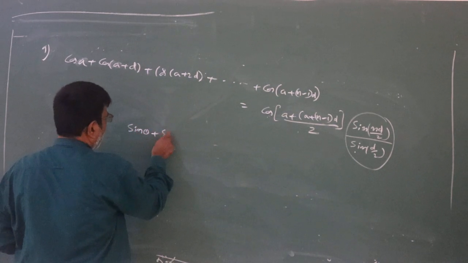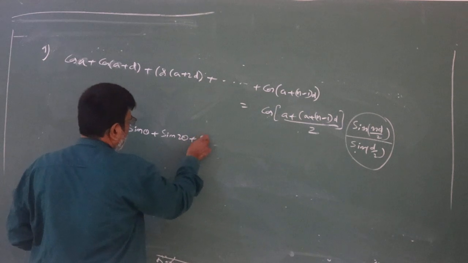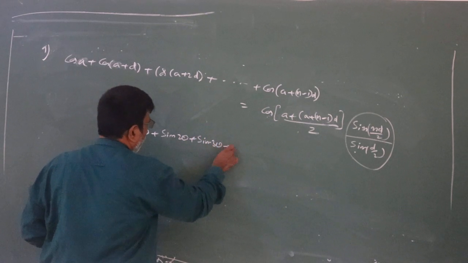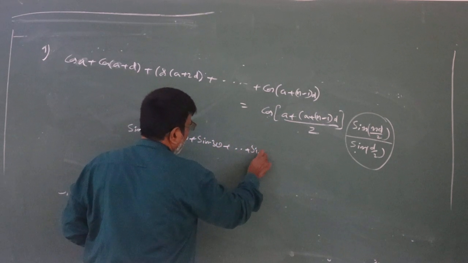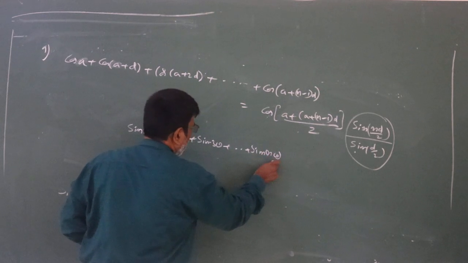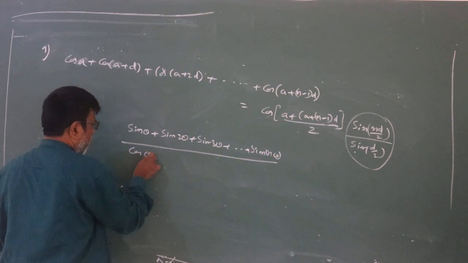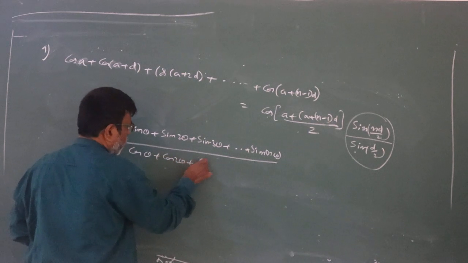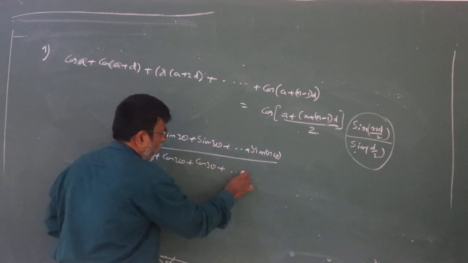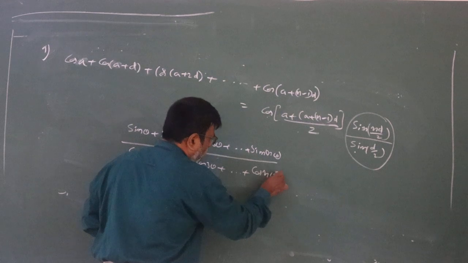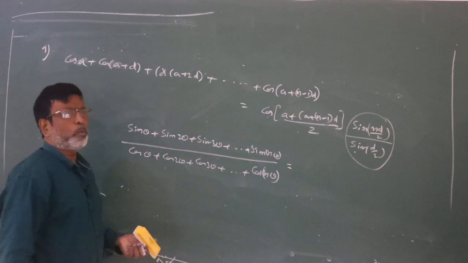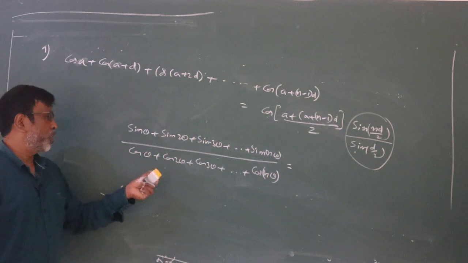The question is: sine theta plus sine 2 theta plus sine 3 theta and so on up to sine n theta, divided by cos theta plus cos 2 theta plus cos 3 theta and so on up to cos n theta. Previously this kind of question was given in CET or some examinations.